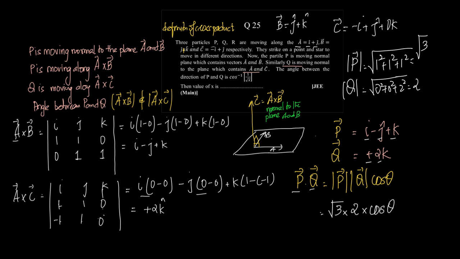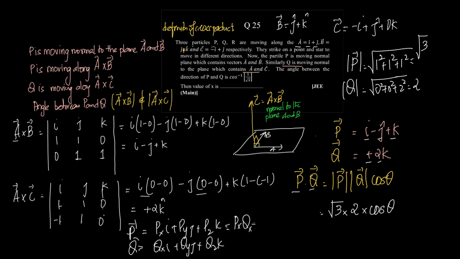Now what is vector p dot vector q? See, when we have pxi plus pyj plus pzk, and then we have qxi plus qyj plus qzk, vector p dot vector q is equal to px qx plus py qy plus pz qz. Now, since vector q has only k component, we will have to multiply only pz qz, which will give us 2 into 1 is equal to 2.